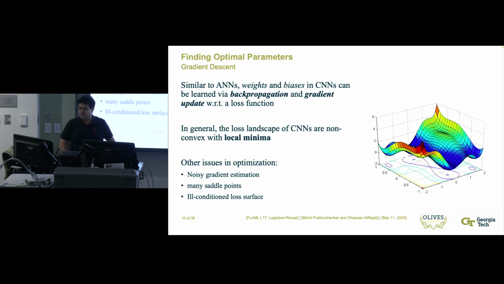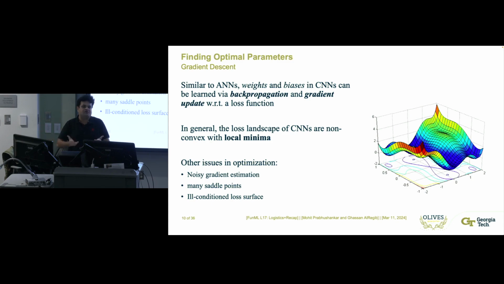But generally, the problem with CNNs is that the loss landscape is not convex. It's something that you see over here. And last time, I think I mentioned this before. The easiest way to see that neural networks are not convex is just by permuting the different neurons. By taking the first neuron and putting it into the second neuron, right? The W1 becomes W2 and so on. You're essentially changing the structure of the neural network itself, but you'll still get the same loss function.